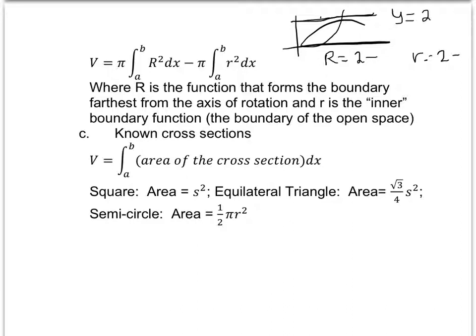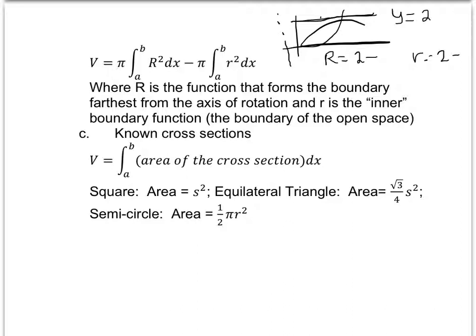If I were rotating around x equals negative 1 over here, then my radii would start with function minus negative 1. So make sure that you're thinking about drawing from the axis of rotation, and then to describe those lengths, you're either thinking top minus bottom or right minus left.